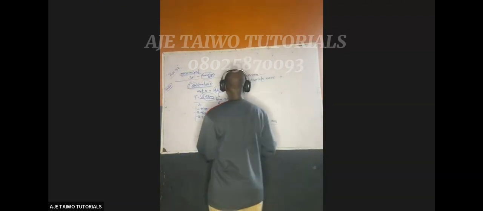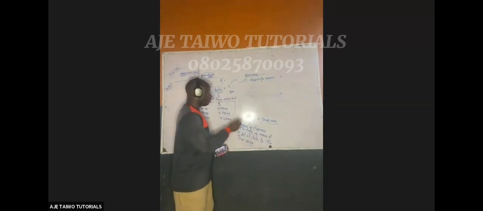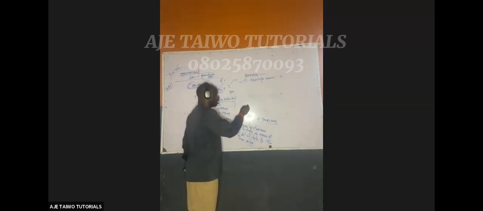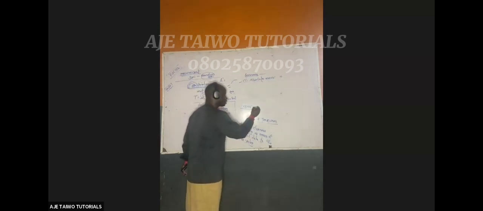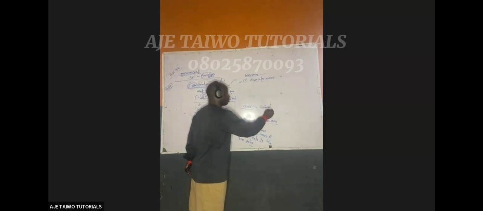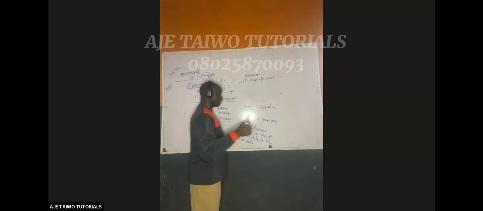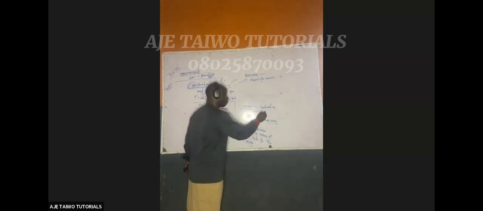There are many things that can cause error. Errors are generally classified into two: systematic error, not mistake, or random error. We shall get to this.